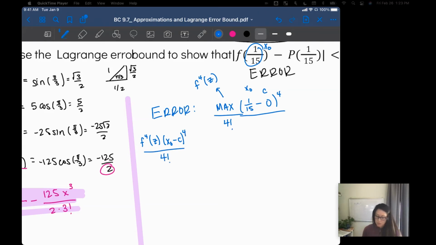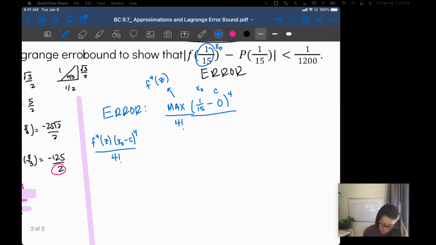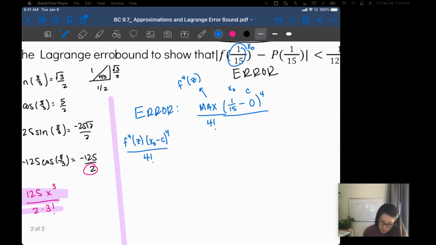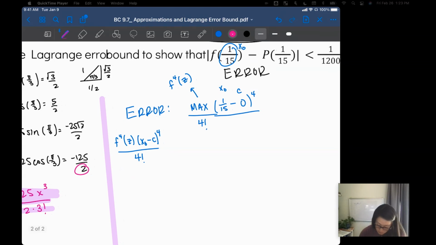Okay, so the max value of the fourth derivative of f evaluated at z on the interval 0 to 1 over 15, that's your c value and your x sub naught value.